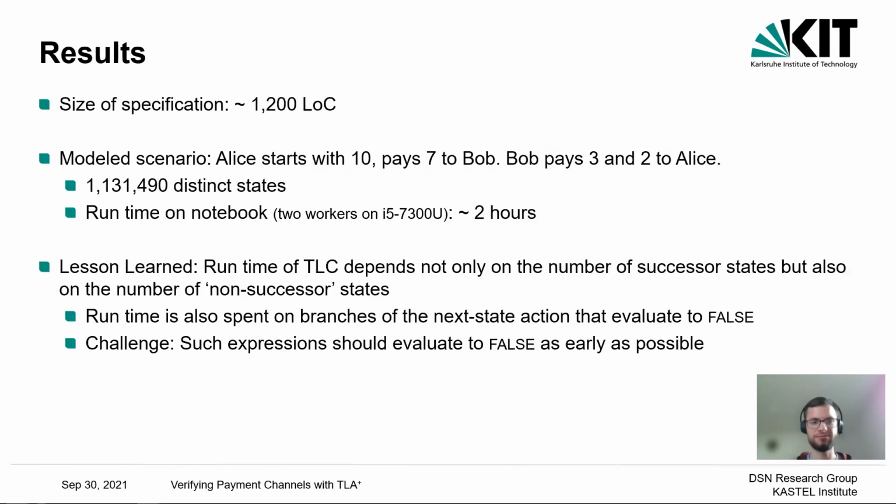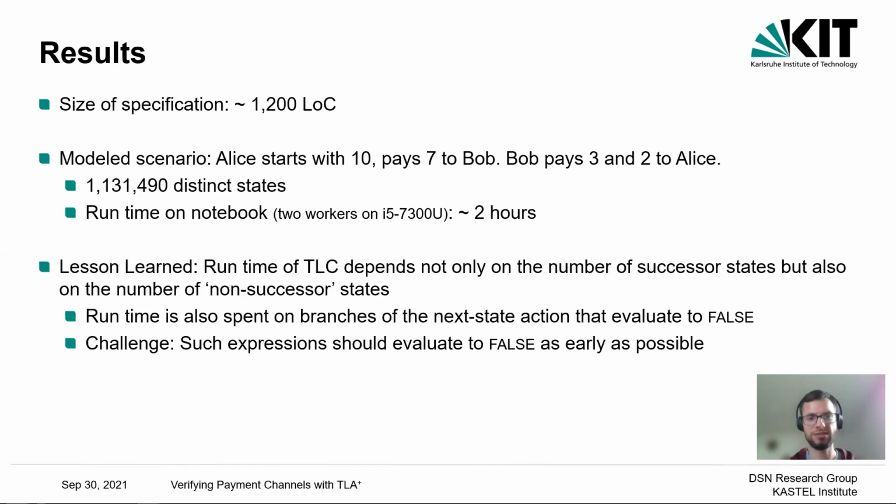Now let's look at the results of specifying the payment channel protocol. The size of our specification is about 1,200 lines of code. And to look at the runtime, we chose the following model. In the scenario that we've modeled, Alice starts with 10 coins, and then she pays 7 coins to Bob.